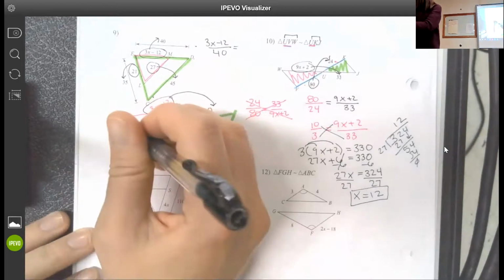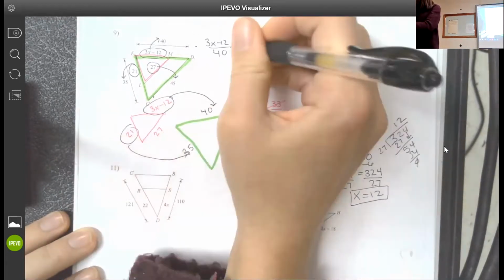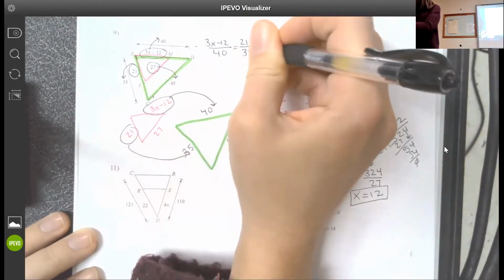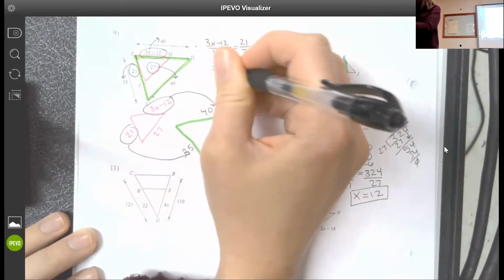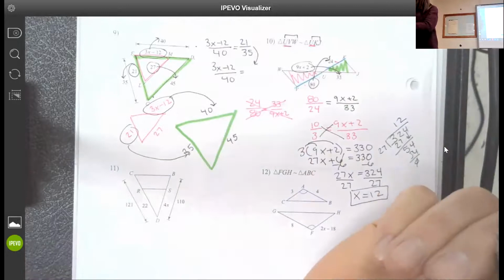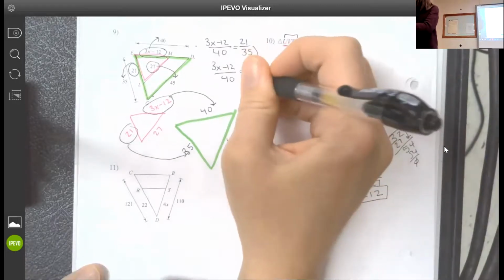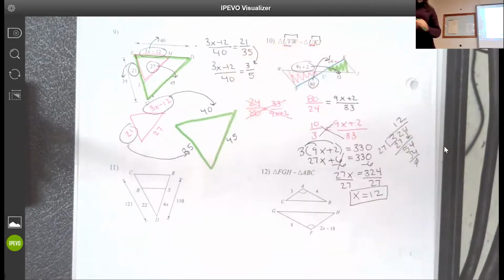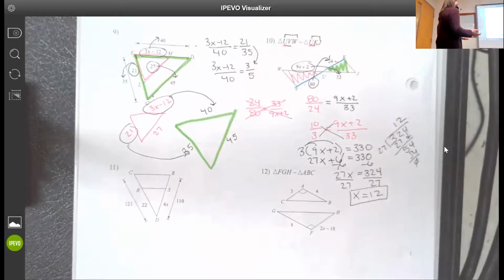So if I go 21 to 35, I can reduce the 21 over 35 to what? 3/5. And then I would solve for that. I'm not going to do this one all the way through, but just so we've talked about these funky ones and that there's stuff going on in terms of how to set that up.